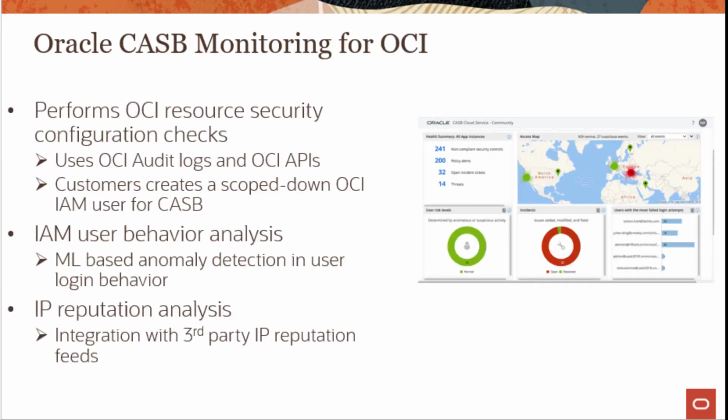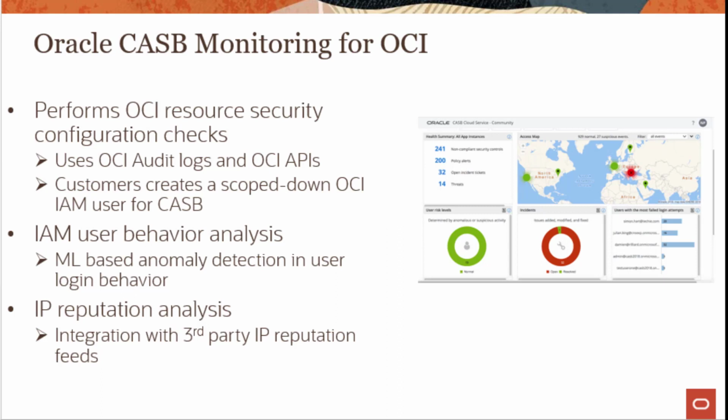Oracle CASB service monitors the security of Oracle Cloud Infrastructure deployment through a combination of predefined Oracle Cloud Infrastructure specific security controls and policies, customer configurable security controls and policies, and advanced security analytics using machine learning.